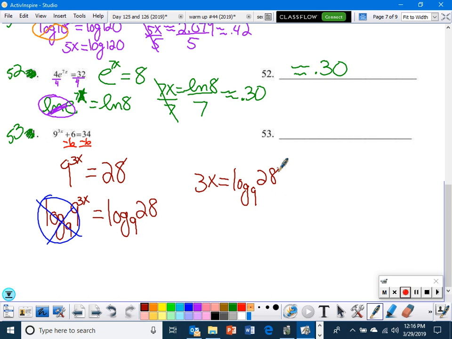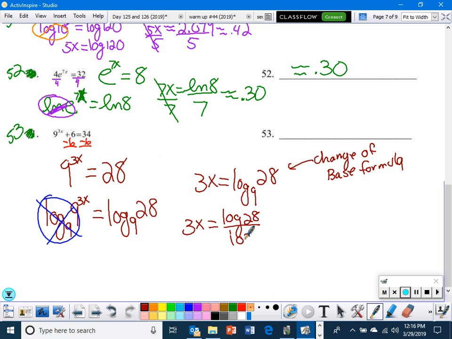Well, we can use our change of base formula on this. So that would be 3x equals log 28 divided by log 9.